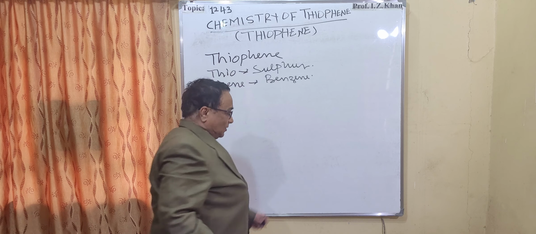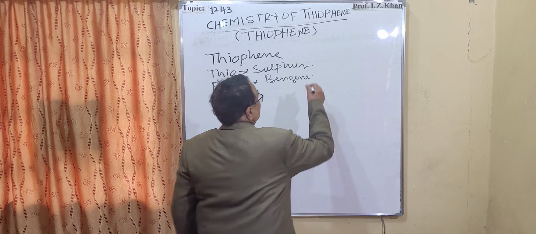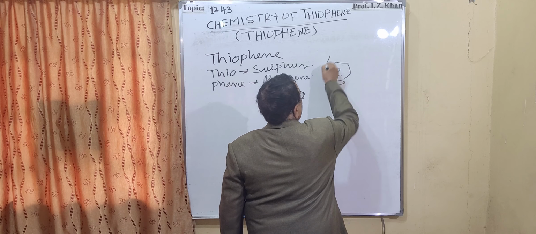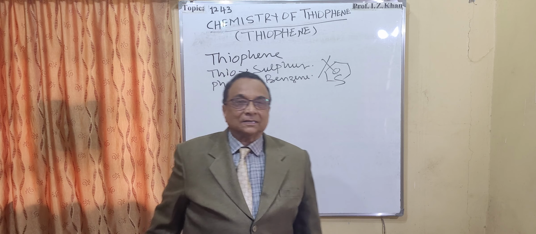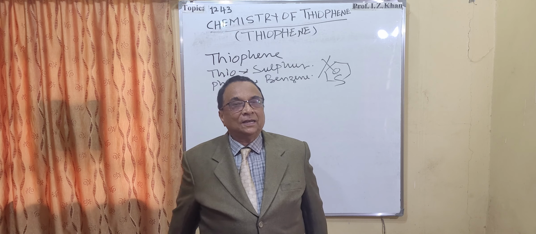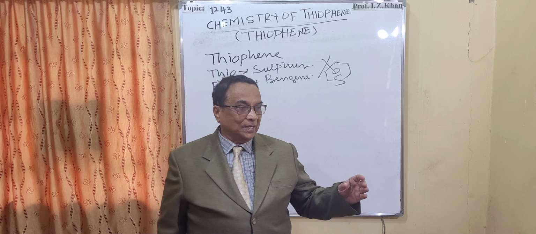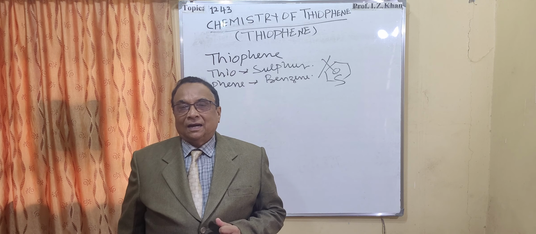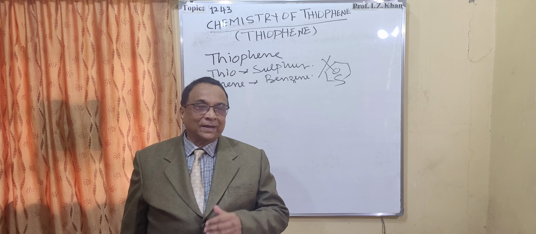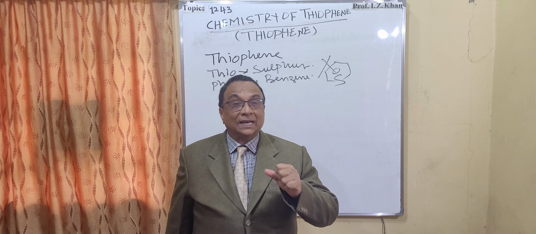For some time there was big confusion that thiophene is an aromatic ring where sulfur is part of a six-membered ring, but this was wrong because the boiling point of thiophene was a little bit higher than benzene. For example, benzene boiling point is around 78 to 79 degrees centigrade, but thiophene is more than 80 degrees centigrade.